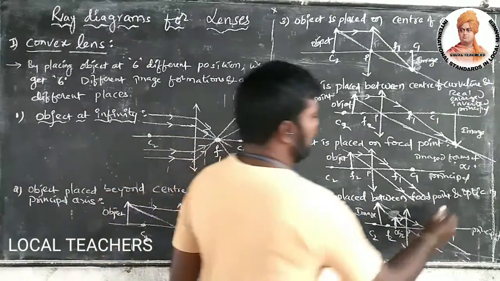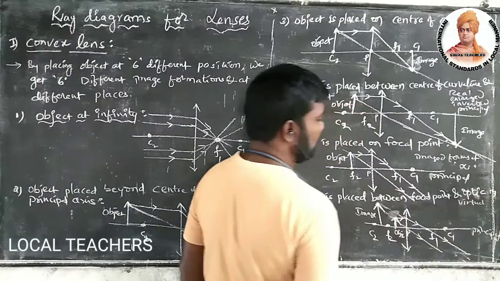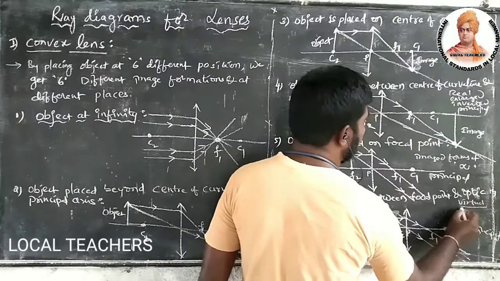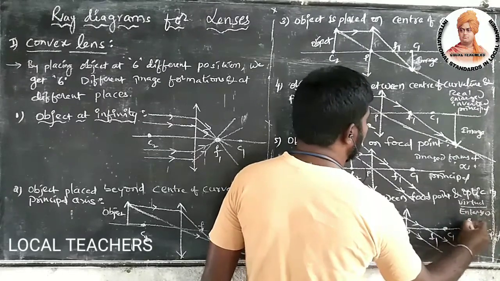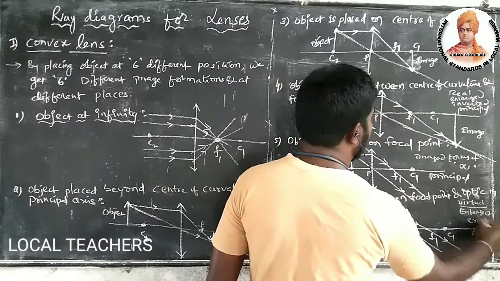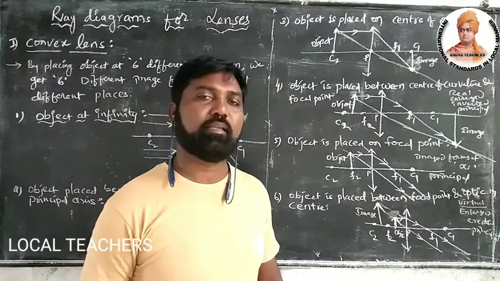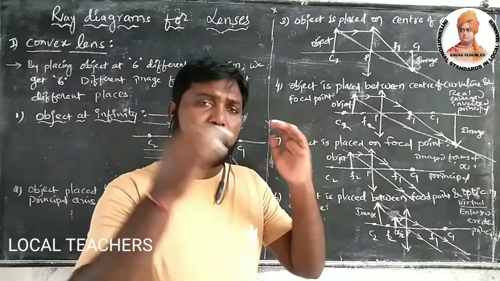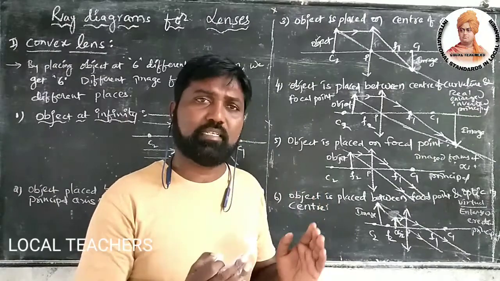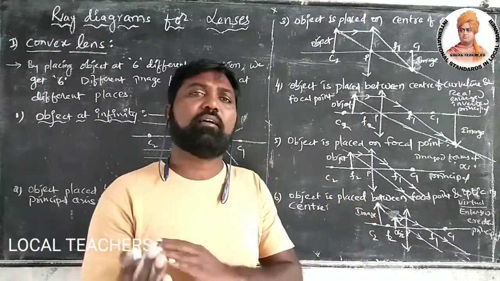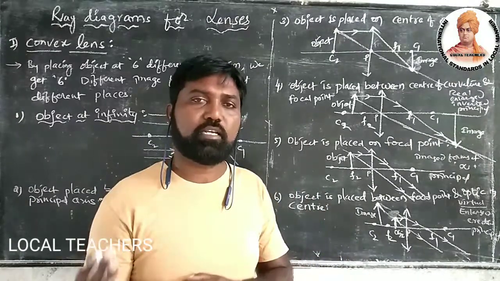That is a virtual image, which cannot be captured on a screen. It is a virtual, enlarged image and it is erect. So these are the possibilities of placing the object in front of the lens, and for them we found the corresponding image formations.